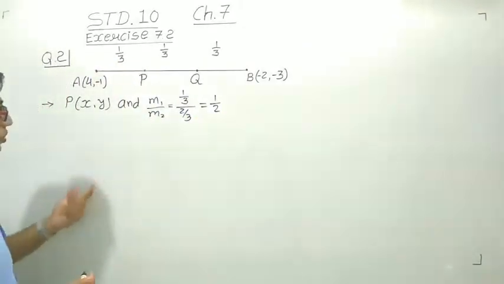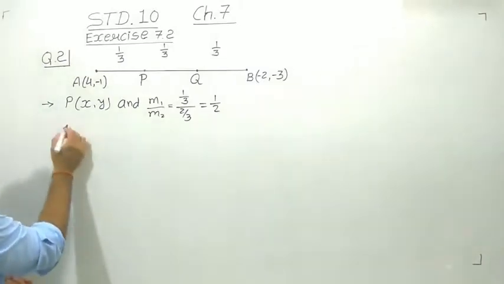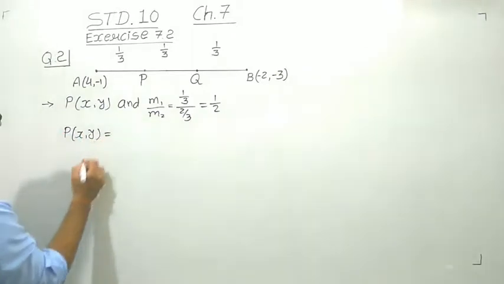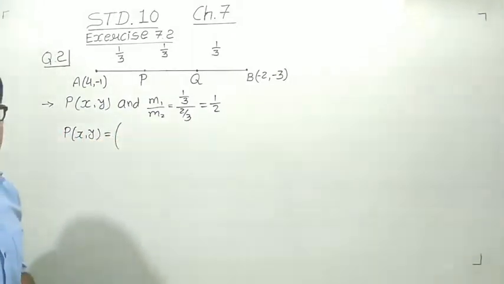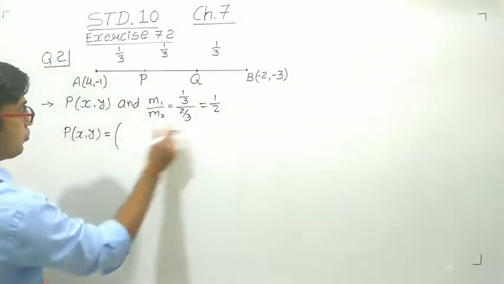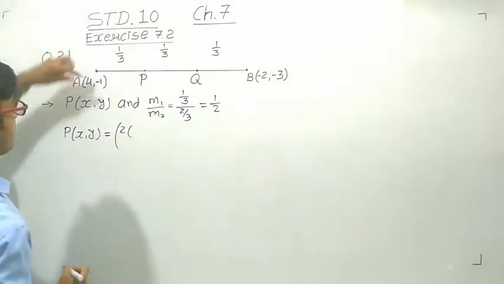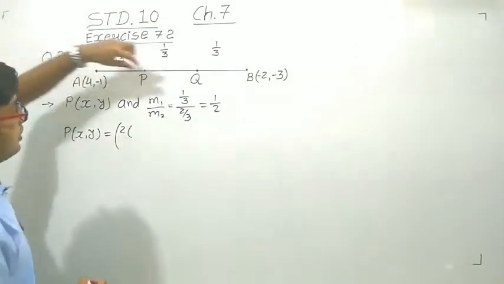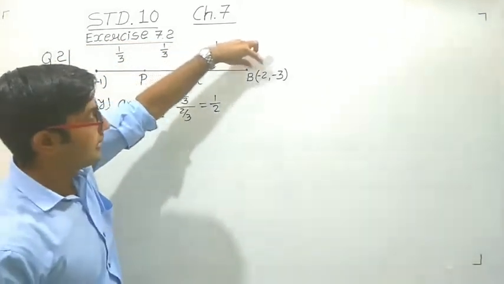So now we know, according to the section formula, we can write down P of x y is equals to M2 into x1. So M2 is what? 2 into x1. Now we have to consider the point A coordinates x1 y1 and the coordinate of B as x2 y2.